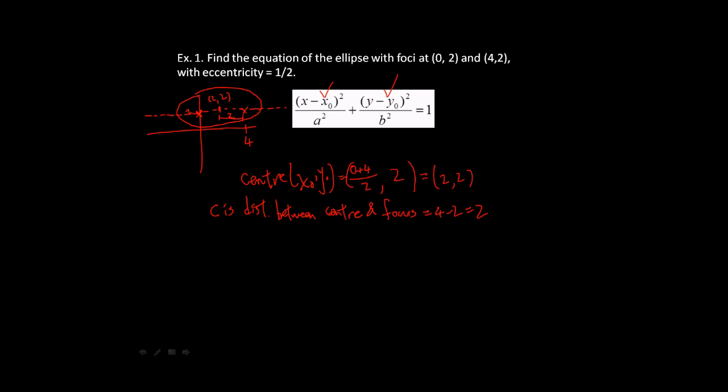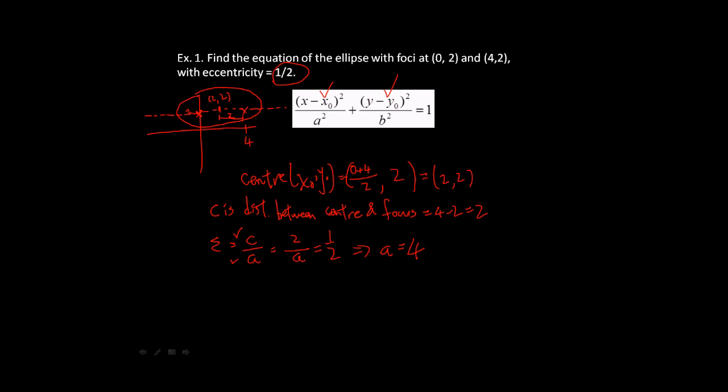Now in the question it already gives us the eccentricity as 1 over 2. So we have epsilon equals to, remember the definition, C over A, right? And we have C already. C is 2. So this is A, and given that it is half, so it tells us that A equals to 4. Alright? Now we have C, we now have A as well.